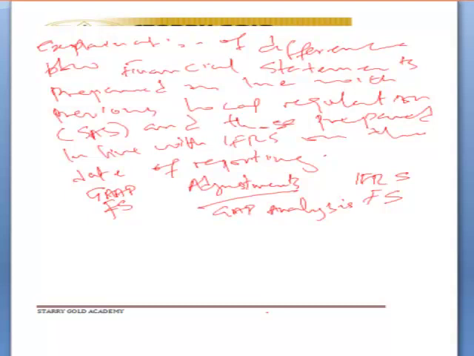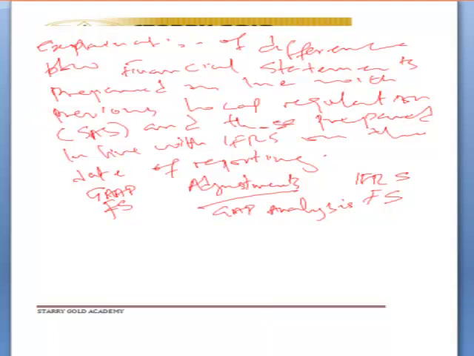It is a very, very simple definition. You can define gap analysis as a variation between two sets of financial reports. These are the financial statements prepared in line with previous generally accepted accounting practices, in Nigeria the statement of accounting standard, and the one prepared in line with international financial reporting standard on the first date that you are switching to that application. So that is about an explanation of gap.